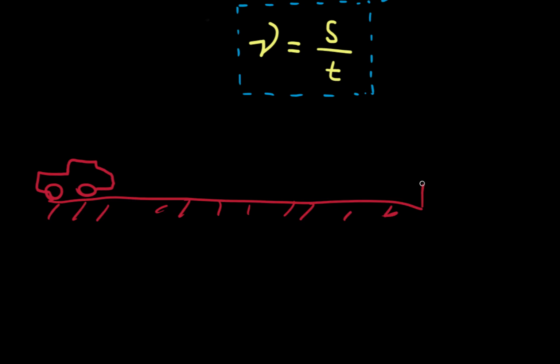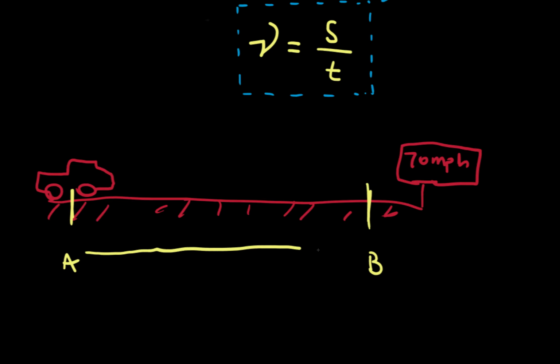And the speed limit for this road is 70 miles per hour. Okay, great. 70 miles per hour. And I have a very special trip in mind. From point A to some point B, I know that these points are located 140 miles apart.